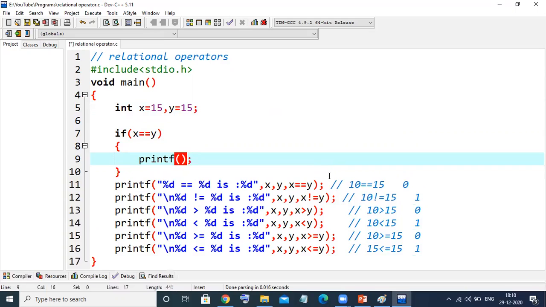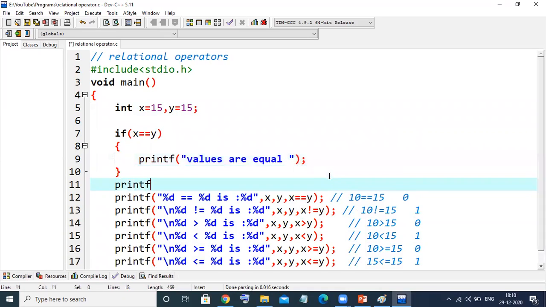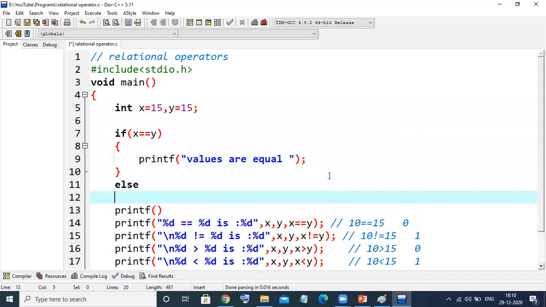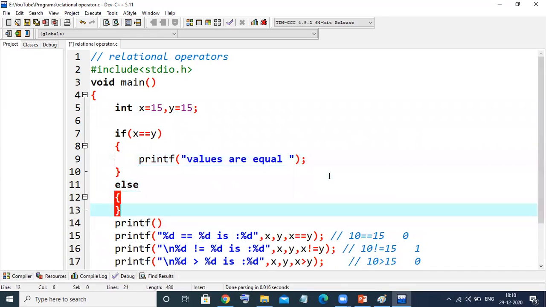printf "values are equal". If not, outside of the bracket I want to write else.